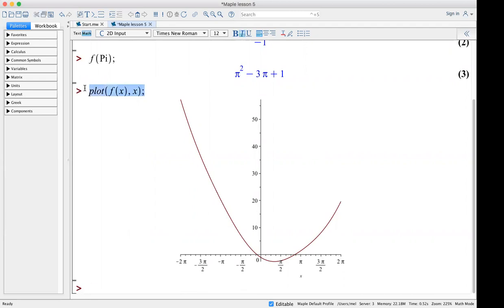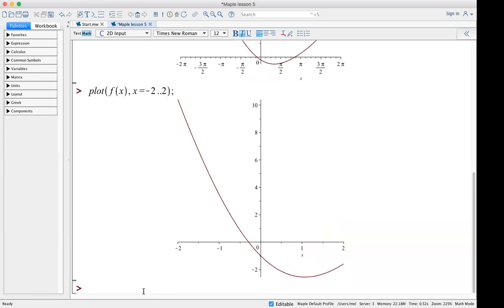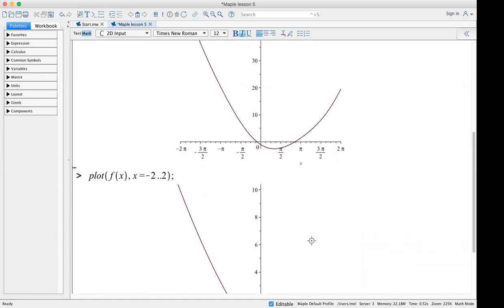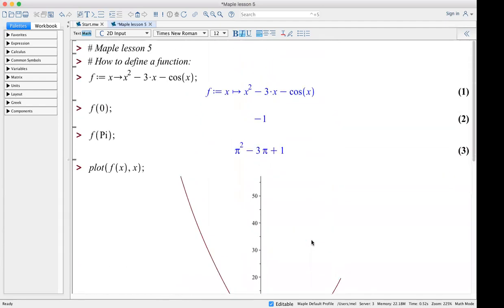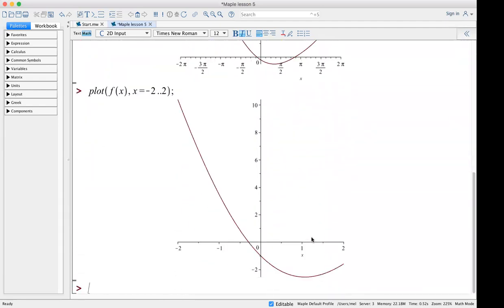If we want to see this in a smaller region, say maybe from minus 2 to 2, that's what it looks like.